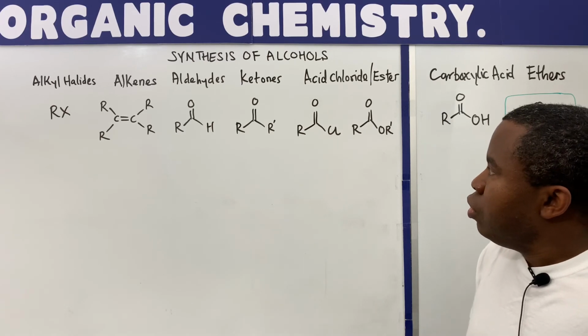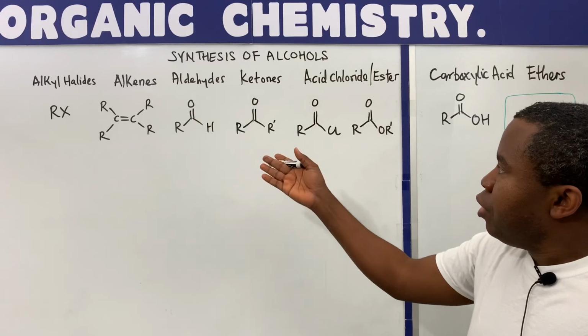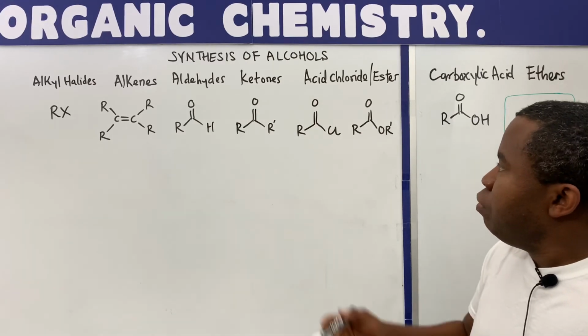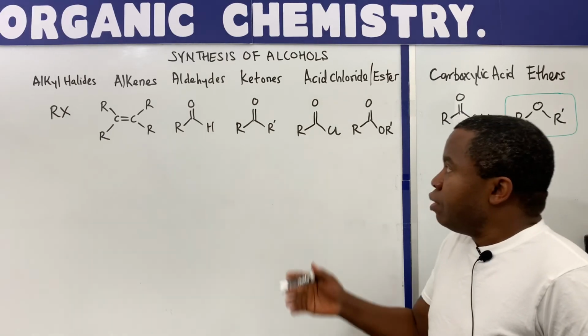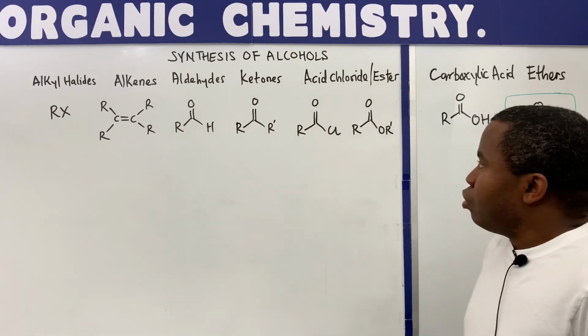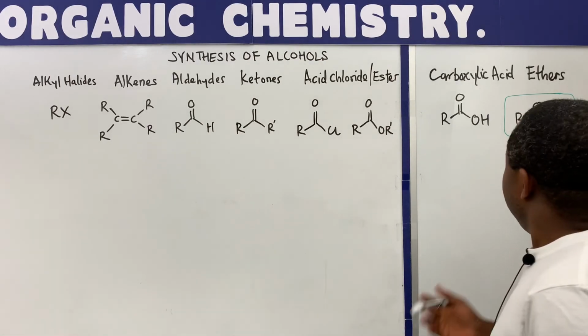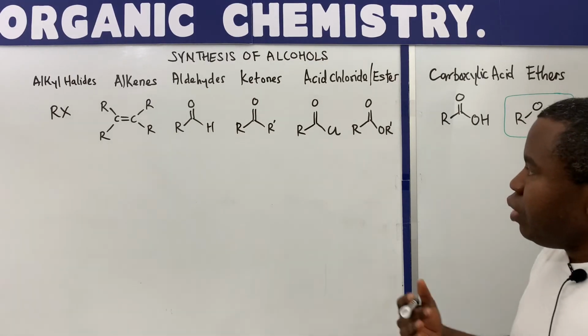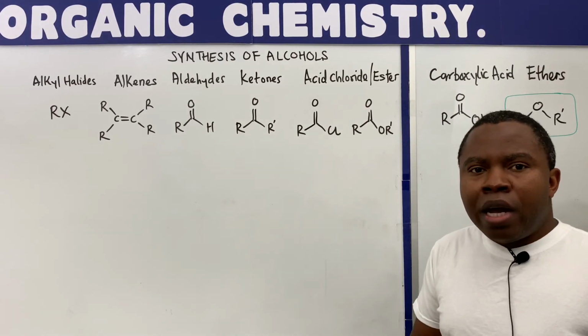We also talked about different reduction methods of the carbonyl compounds to form the alcohol, and also we looked at the reaction of carbonyl compounds with Grignard reagents also to form alcohol. And lastly, we talked about the reaction of the ethers with a strong acid like hydrogen iodide to form alcohols.